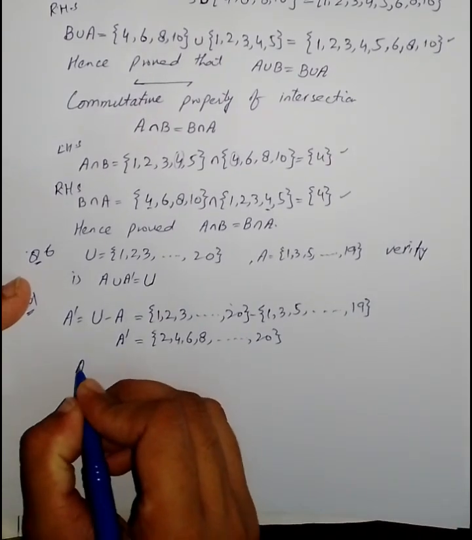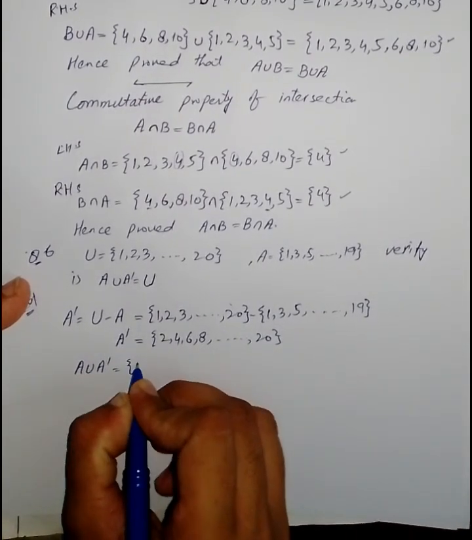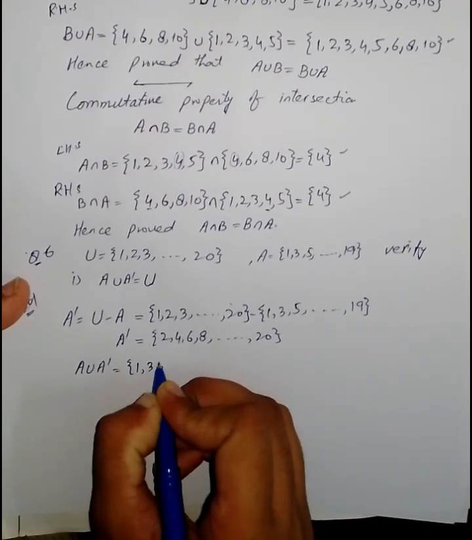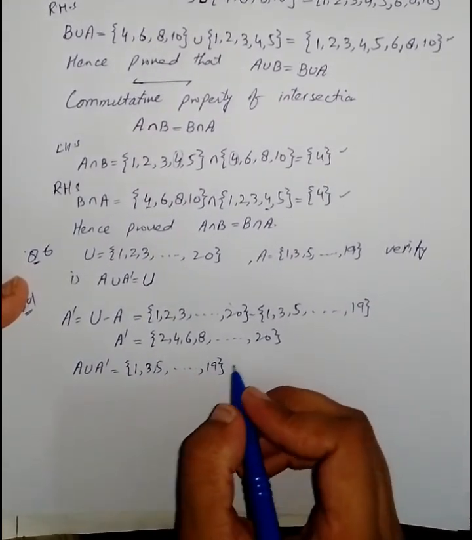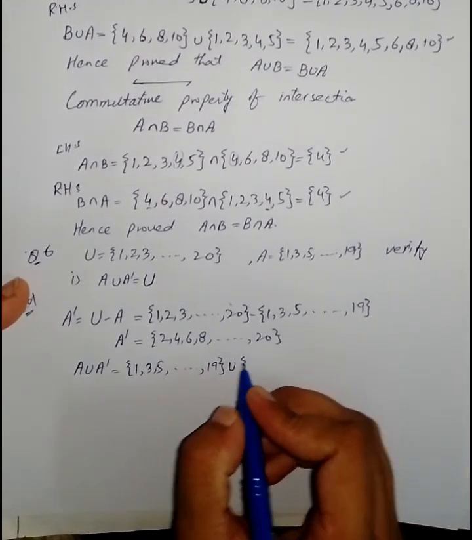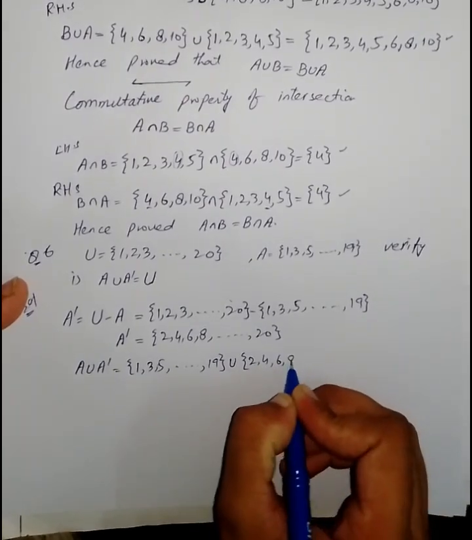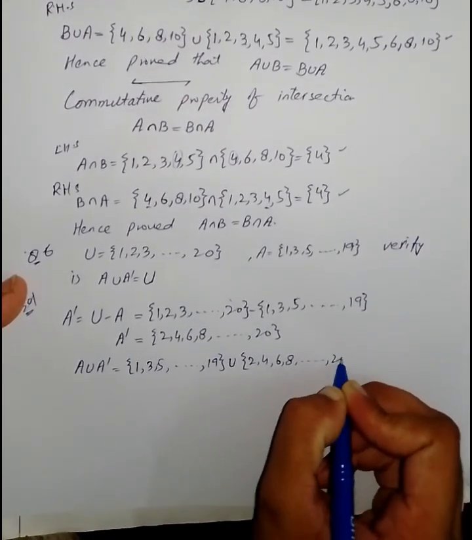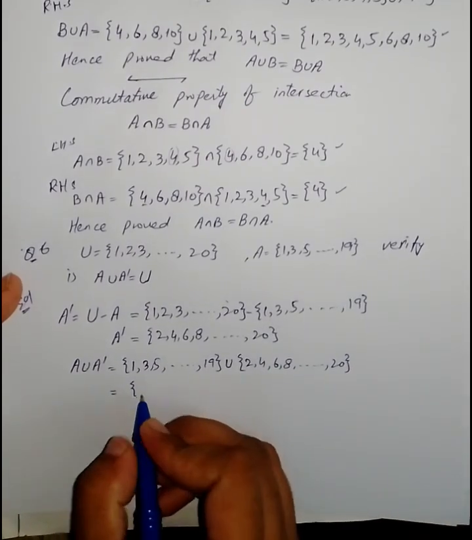Now take union of A and A complement. What is A? 1, 3, 5 up to so on 19, all odd numbers from 1 to 20. And what's A complement? All even numbers from 1 to 20. 2, 4, 6, 8 up to so on 20. So when we will combine all these, we will take their union.